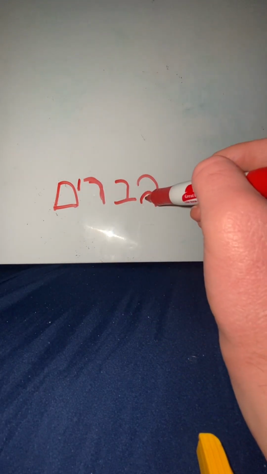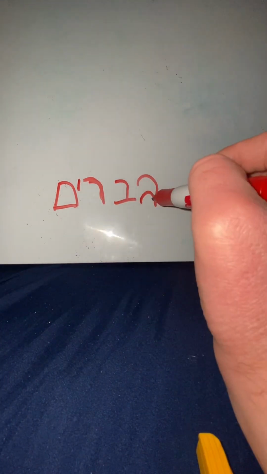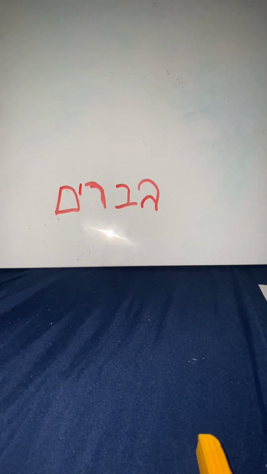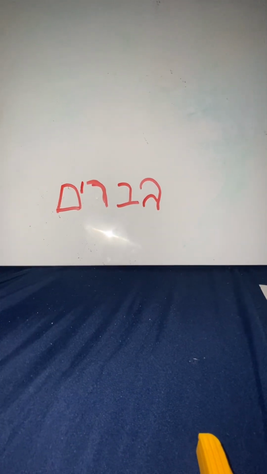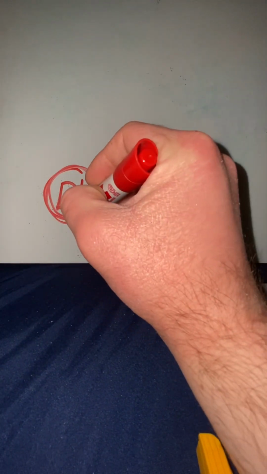Givaim. The first letter here is kind of quick. The Gimel is kind of a quick sound when you add Yod and Mem at the end. But this here is a masculine plural ending.